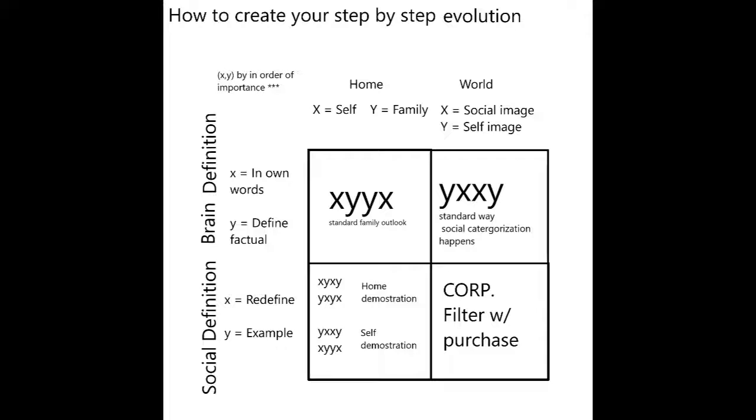Each box in the chart is meant to show you what makes your world, what creates your own space. On the top left box, XY, YX, that is designated for your home and what you use to define your home. The top right box is YXXY, and that is used to define your social world, the outside world that you go out to, and you define that.